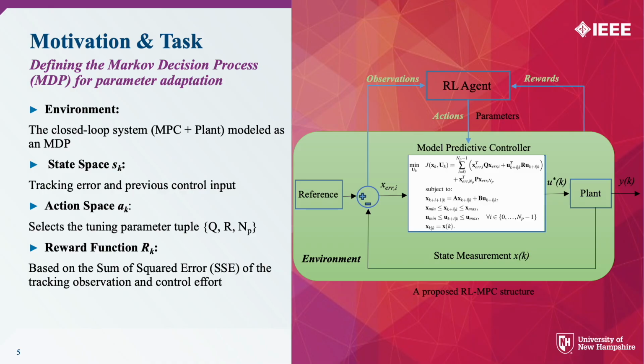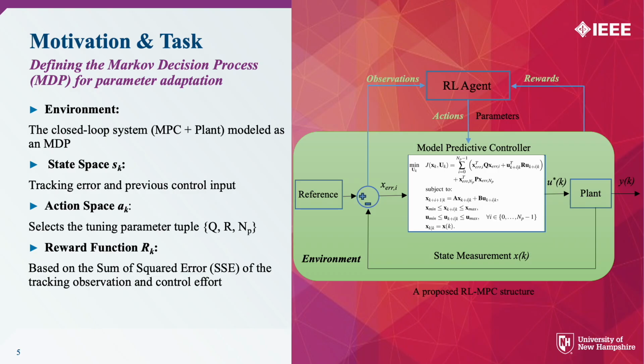To apply RL, we formulate the parameter adaptation process as an MDP. Our environment is a closed-loop system consisting of the MPC and the plant. You can see the green area in the slide. The state space gives the agent an operational snapshot, specifically the tracking error and the previous control input. The action space allows the agent to select the tuning parameters.